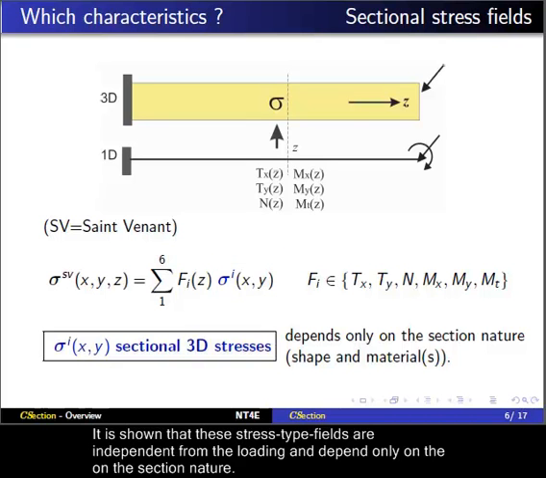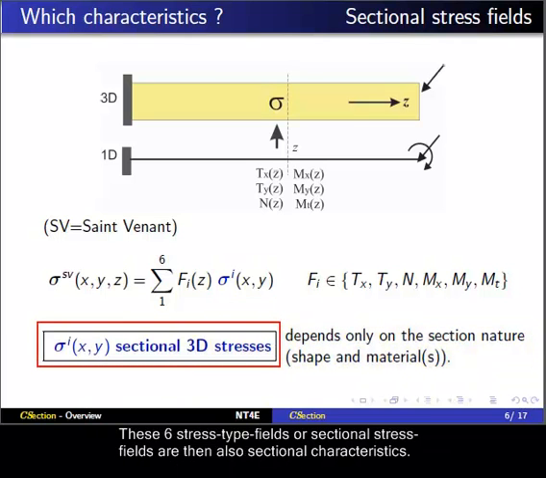It is shown that these stress type fields are independent from the loading and depend only on the section nature. These 6 stress type fields or sectional stress fields are then also sectional characteristics.